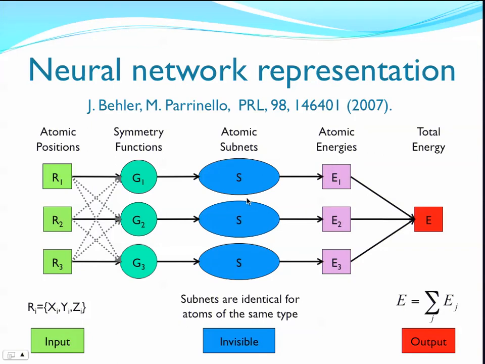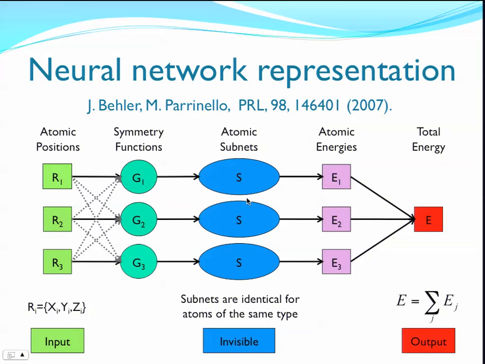Another important feature introduced in this method is the symmetry function. We cannot just simply take atomic positions, Cartesian coordinates of all atoms, and hope to calculate atomic energies, because of course Cartesian coordinates are not invariant to rotations and translations.